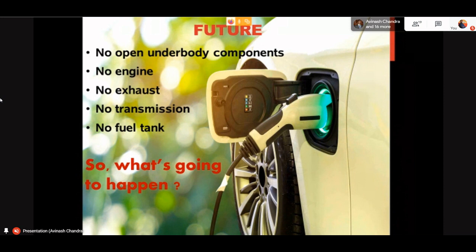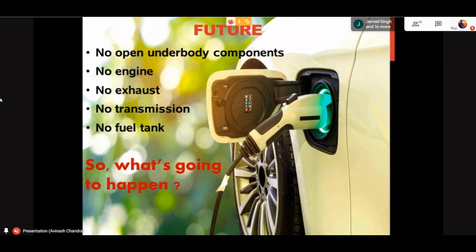But these are the things which we know. Whatever we have studied now, whether the drag will reduce or not, maybe we don't know. It might reduce. There will not be any underbody components, no exhaust, nothing.